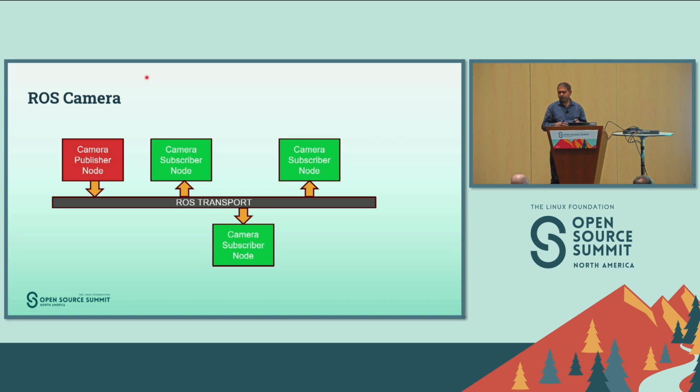ROS also has ways to control parameters, which can be advertised by this publisher node. You could tie that to a V4L control or a libcamera control if it's a libcamera-based implementation. That way, subscriber nodes can influence the way the cameras operate, and you can change parameters statically or at runtime. So all of that is possible.